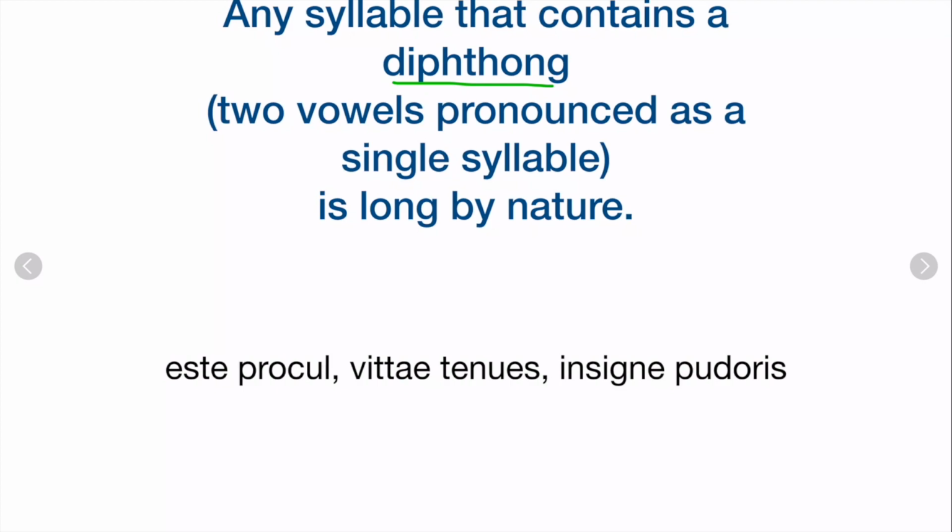So, for example, in this line, Este procul vittae tenues insignia pudoris, vittae, that AE that we see in the nominative or here vocative feminine plural first declension, that's a diphthong. 2 vowels pronounced as a single syllable. So this syllable here, tae, is long.